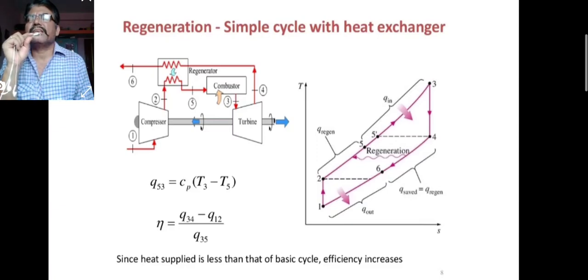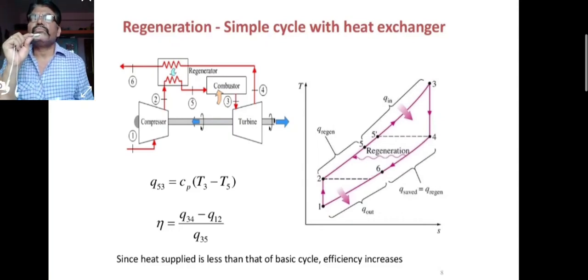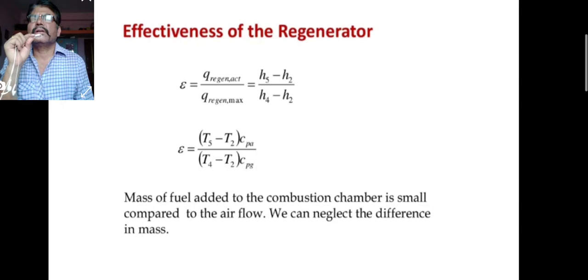It means we can say the efficiency is equal to WT minus WC divided by the heat at the combustion chamber. The next, the efficiency is again given.